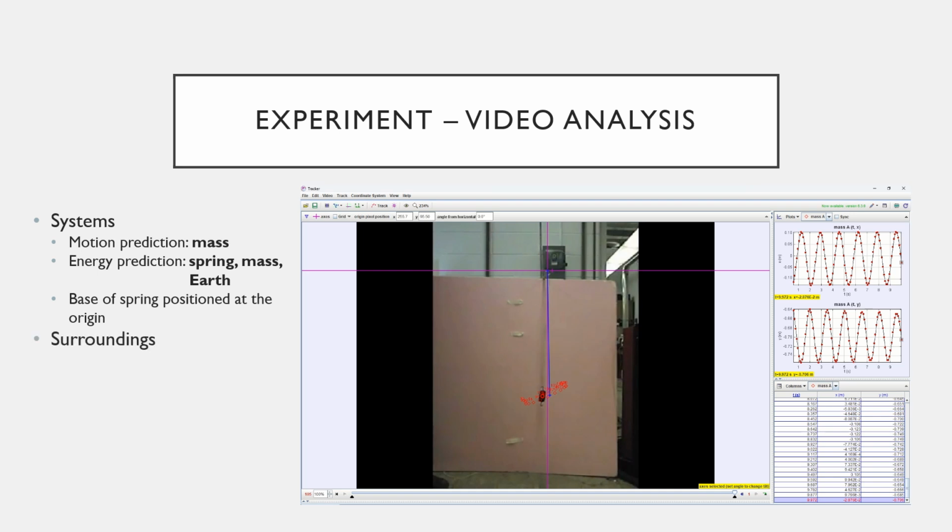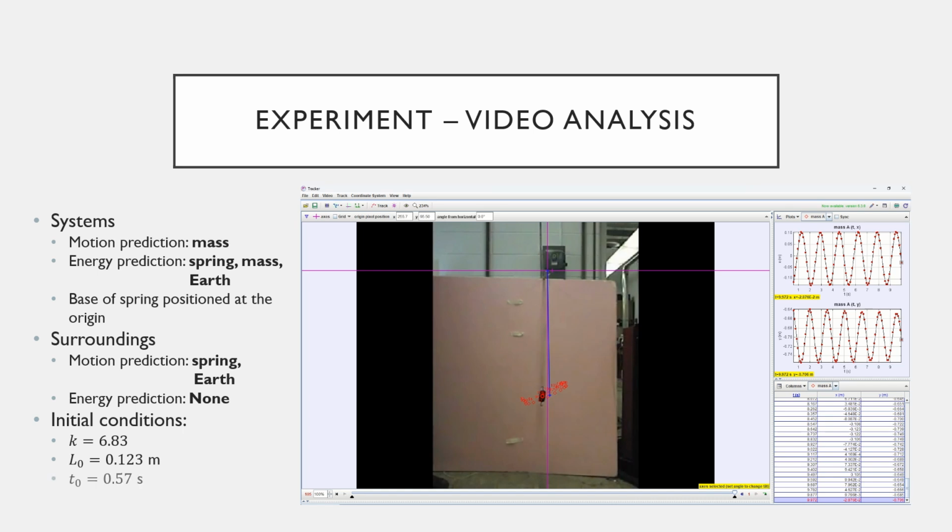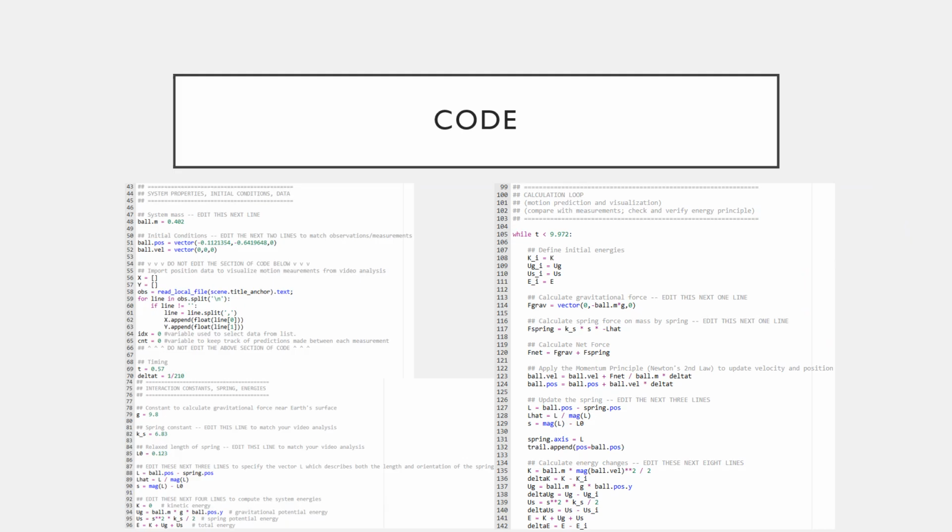The surroundings are the spring and the earth for motion prediction, and nothing for energy prediction. As for initial conditions, spring stiffness K is 6.83, relaxed length L naught is 0.123 meters, and time t initial is 0.57 seconds.